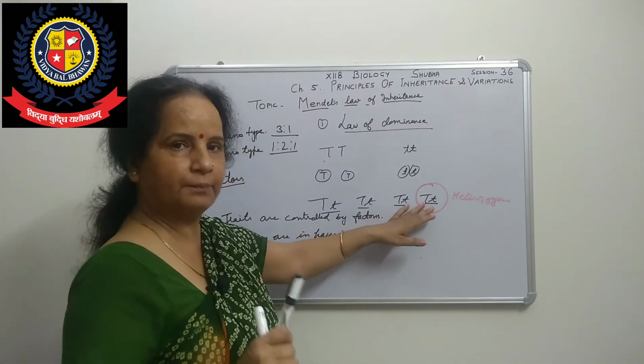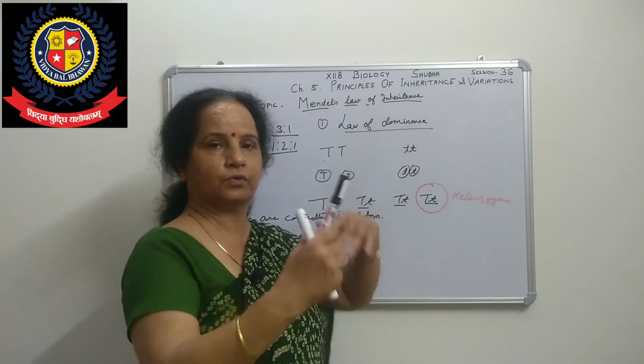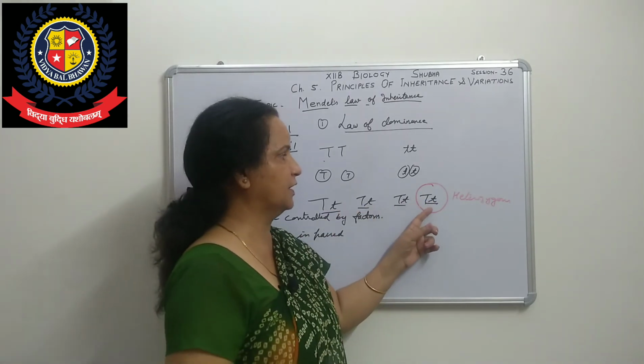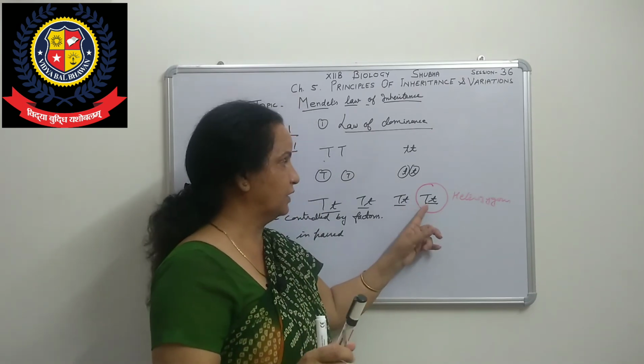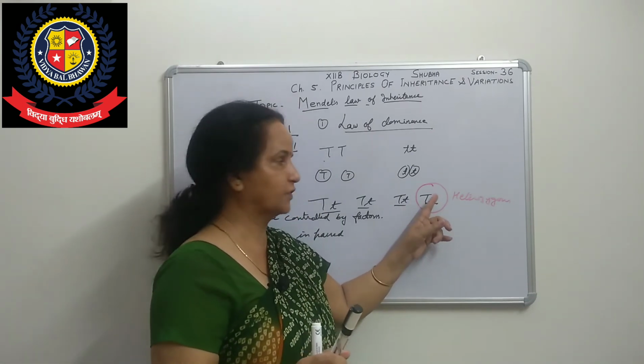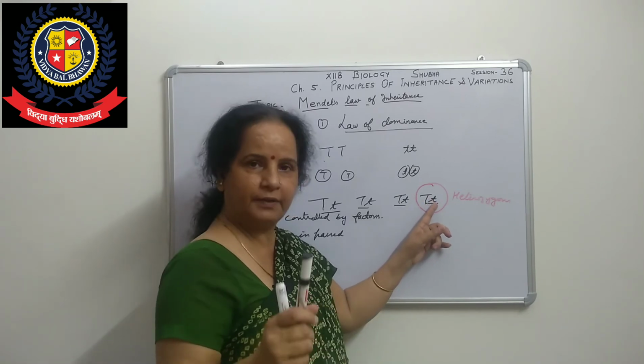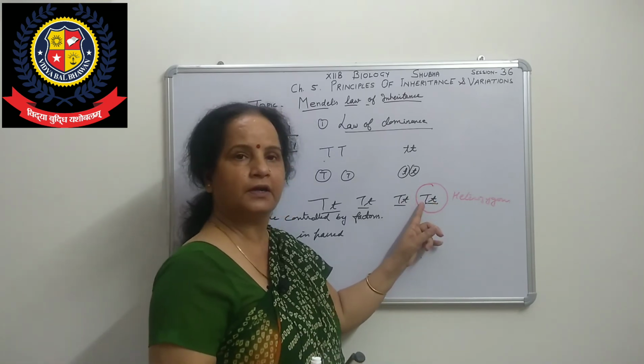Between these two in one pair, one will dominate over the other. Here capital T is dominant, and small t will be recessive.